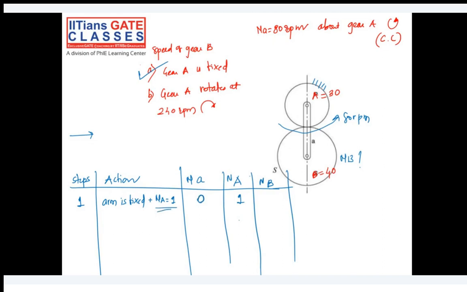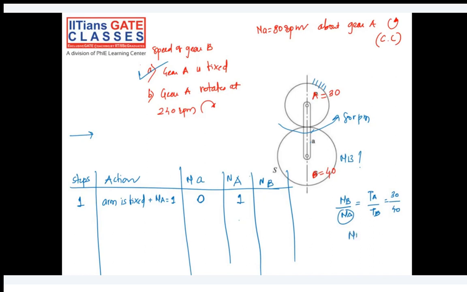So what is the value of NB? Whenever you fix the arm, it becomes a simple gear train. So I can write NB by NA equal to TA by TB. Can I write it like this? TA is 30 and TB is 40, and NA is 1, so NB is equal to 30 by 40.